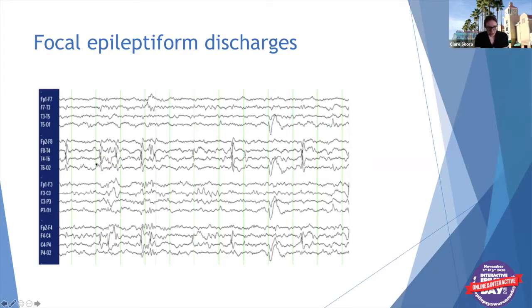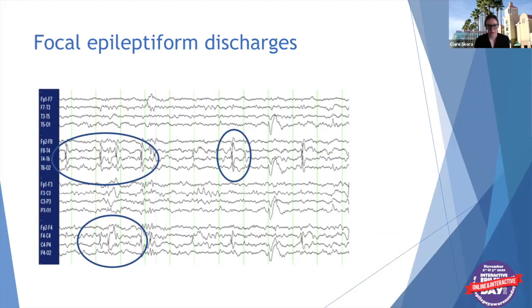And we see these sharp waves and spikes that interrupt the background, and they're in these regions, and those happen to be the right central and temporal areas of the brain. And so these are focal sharp waves in the right central temporal regions. And this is actually from a patient who has benign Rolandic epilepsy that Dr. Rismanchi mentioned a little bit about, or we call it BECTS, benign epilepsy with centrotemporal spikes and sharp waves.